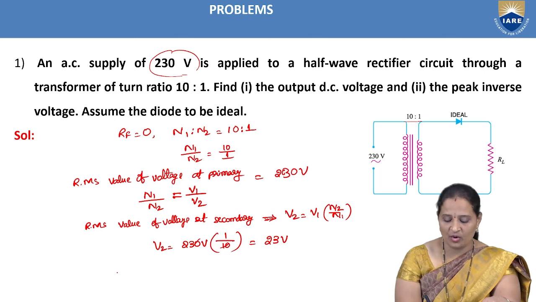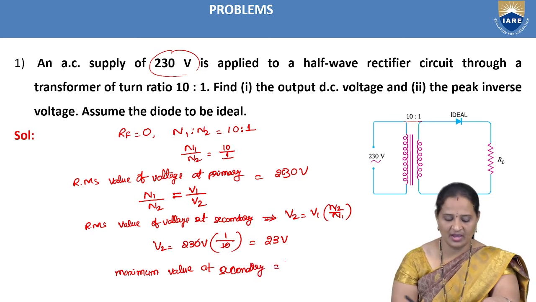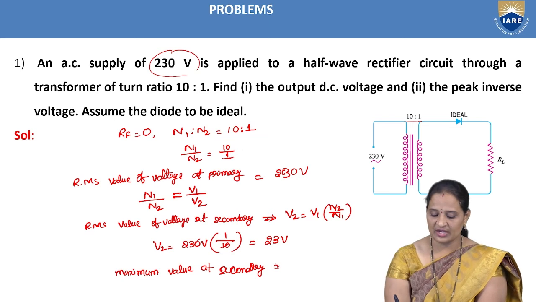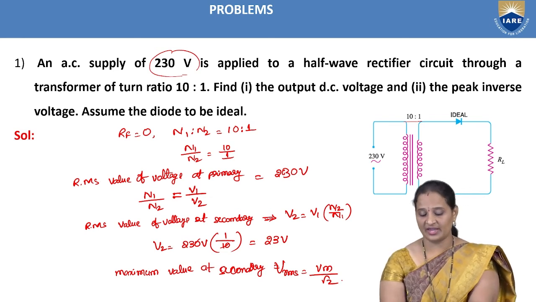Now I want to find the maximum value of voltage at the secondary winding. We already know that Vrms is equal to Vm by root 2, at the primary and secondary winding.